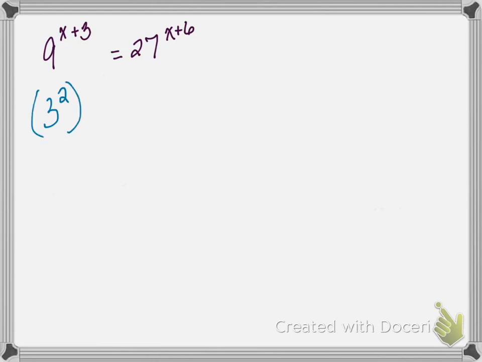Now I am raising 3 squared to x plus 3. So I am raising a power to a power. What can 27 be rewritten as? 3 to the third. I am raising 3 to the third to x plus 6.